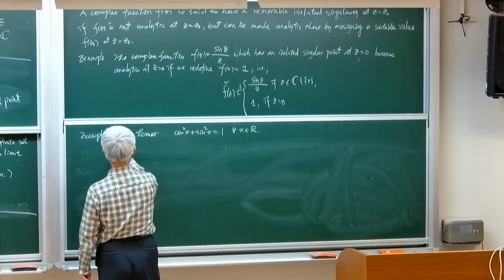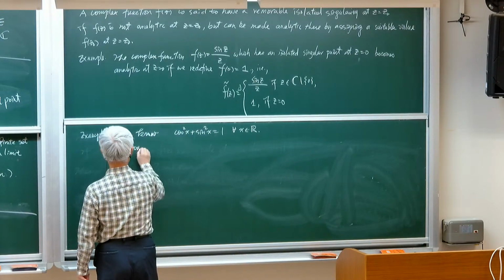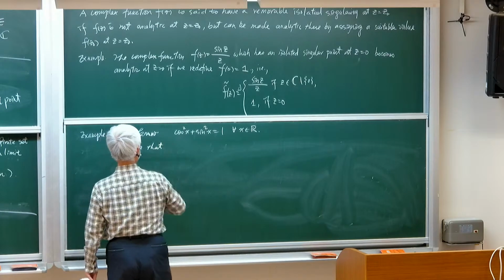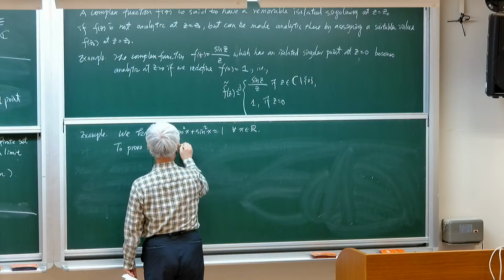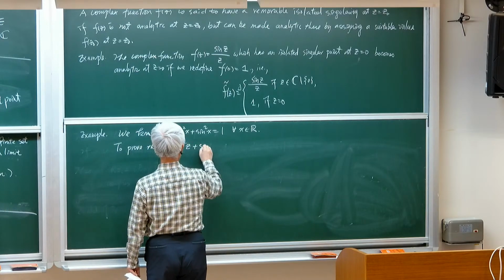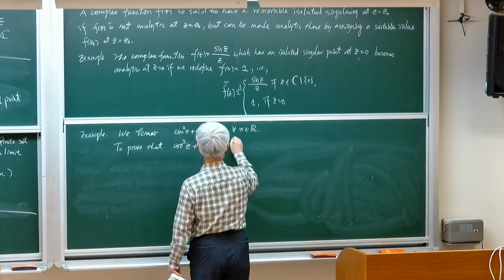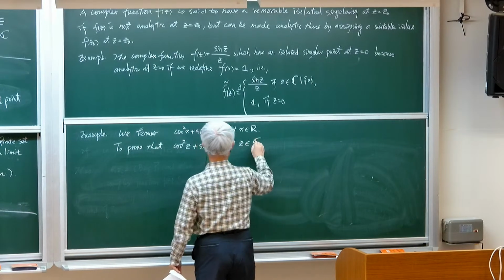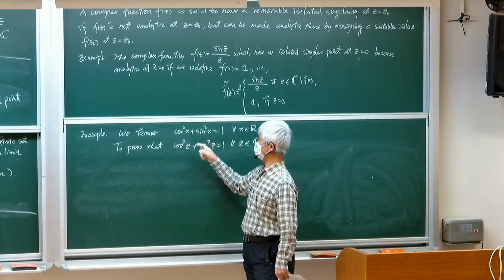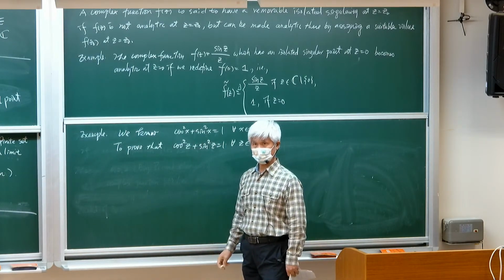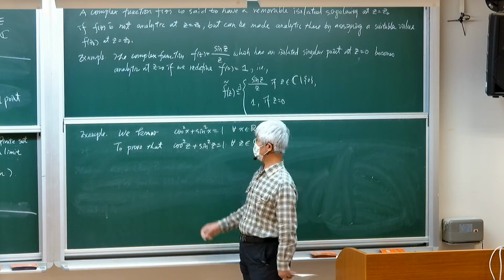Now, to prove that cosine square z plus sine square z equals 1, we want to show this identity can be extended to the whole complex plane.